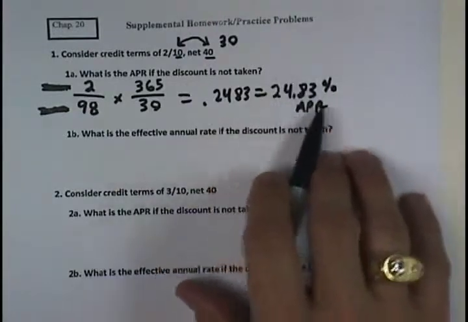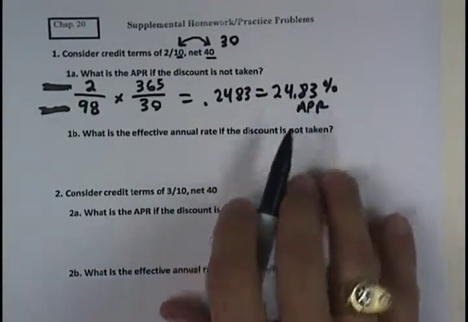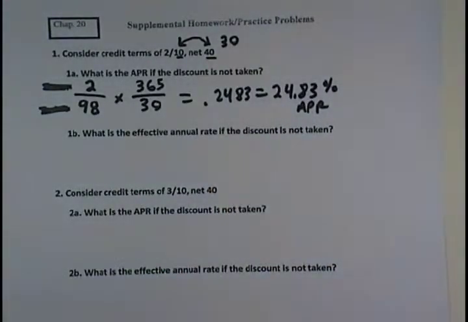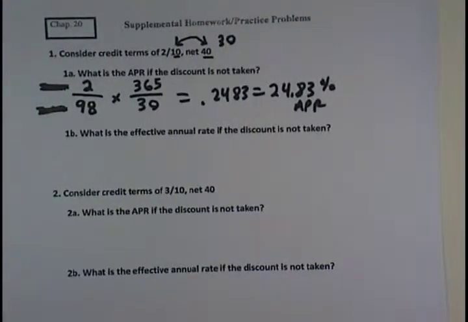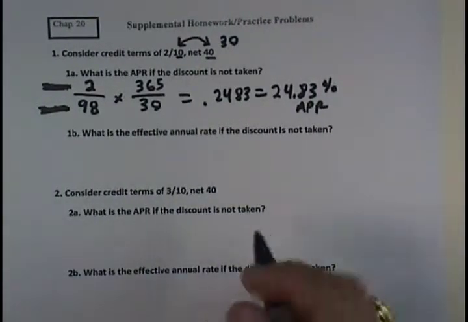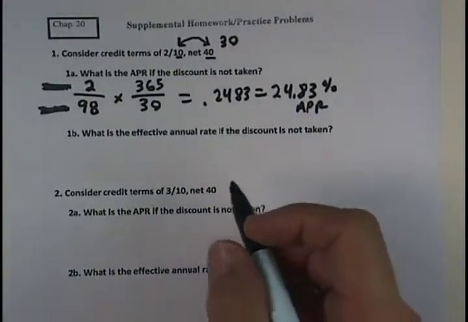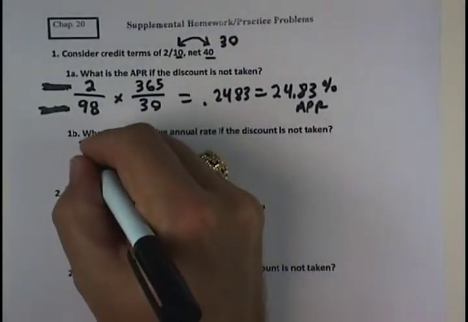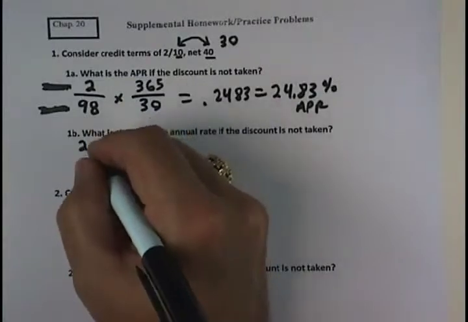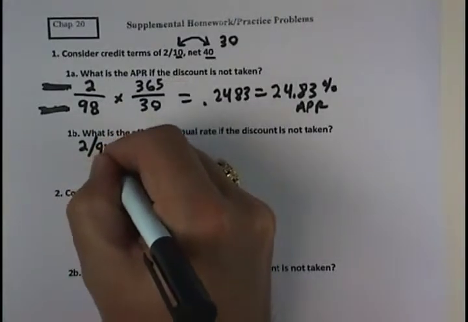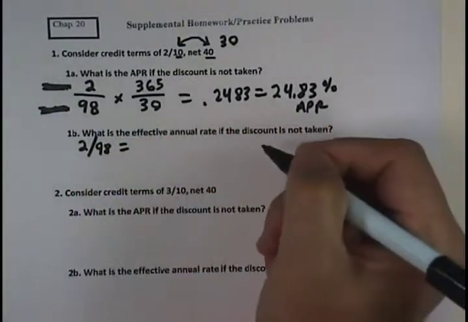By not taking the discount, you're paying a pretty large rate on that loan that the supplier is making you for those additional 30 days, paying on day 40 instead of paying on day 10. The effective rate is calculated by taking 1 plus that periodic rate, the periodic rate being the 2% interest you pay on the 98% loan.